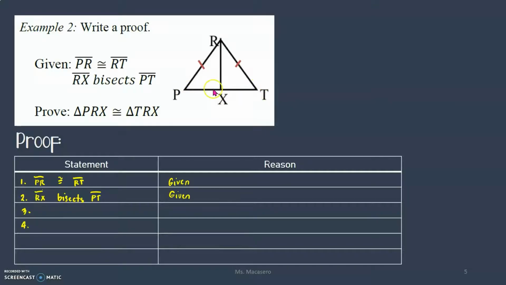And that will be our next statement: X is the midpoint of segment PT, and our reason for that is definition of segment bisector.